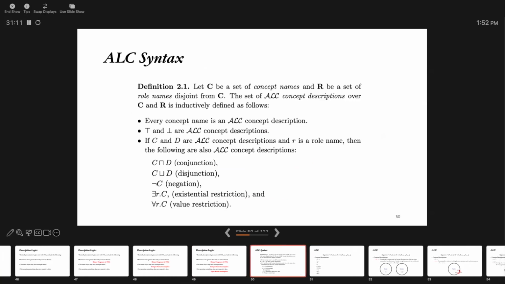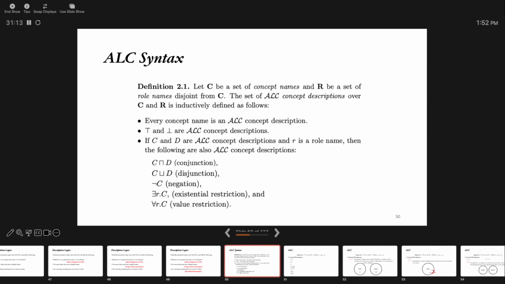Okay, so syntax. Remember, I started with the vocabulary of first order logic. This is the one that should both frighten you and also you should pay attention to more. This is the ALC syntax. This is the base description logic, the simplest one, and it means something like attributive logic concept. I don't remember, nor do I care. You'll see there are going to be a lot of acronyms here.